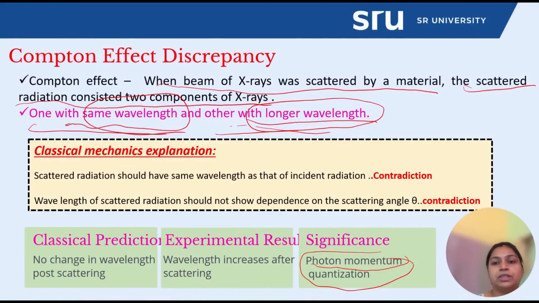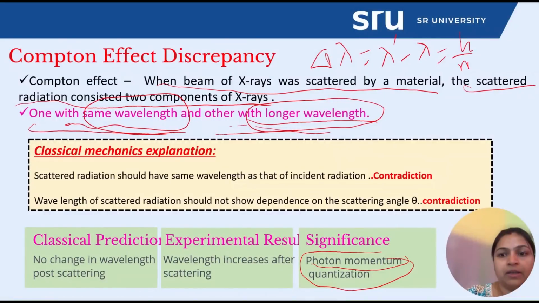And this Compton shift can be explained from the quantum picture by this formula: delta lambda, which is lambda dash minus lambda, the change of the wavelength, depends on h by m naught c, times 1 minus cos theta.